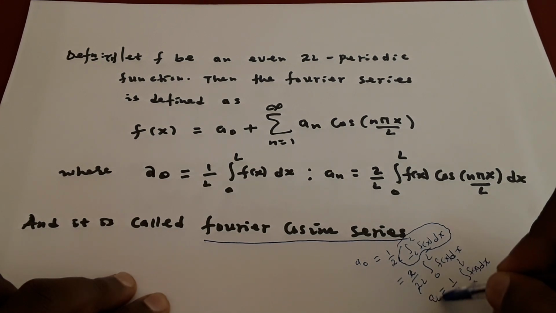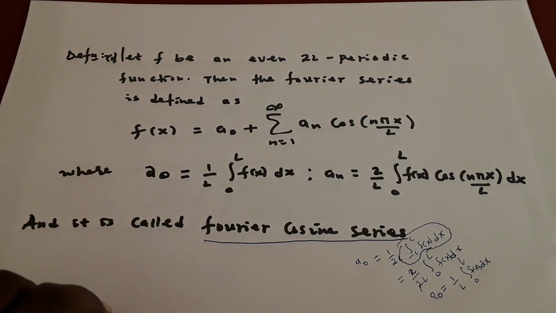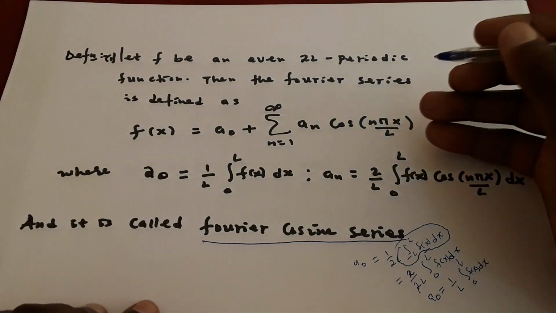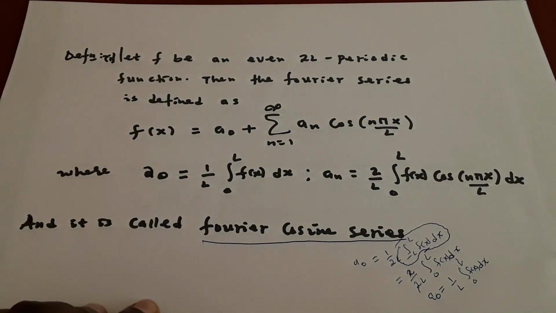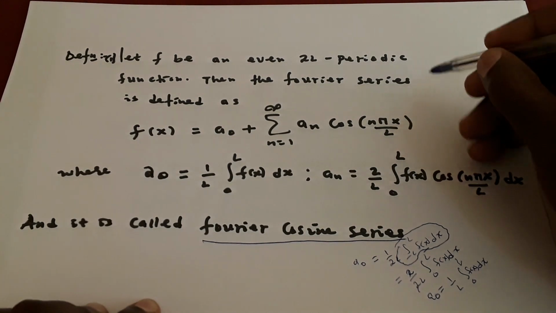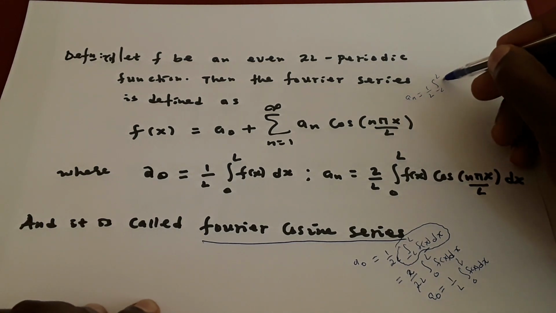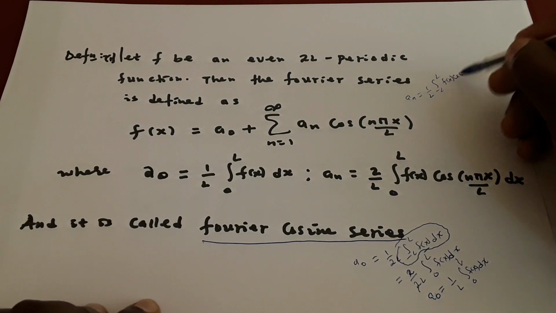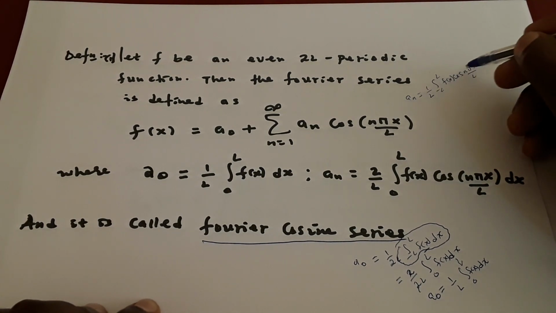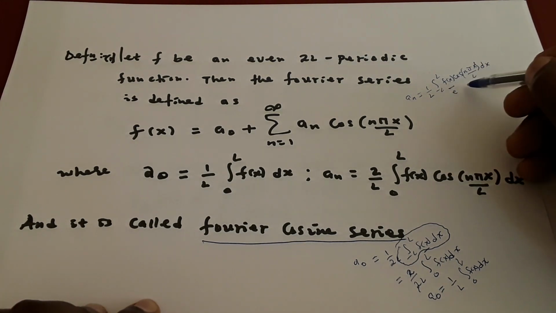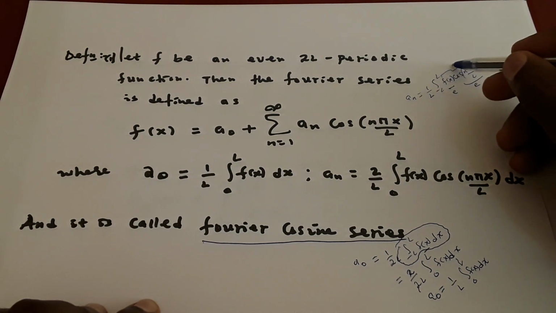That's a naught in the new form when you identify f as an even function. Clearly, if f is even, a n is 1 over L from minus L to L of f of x times cosine of n pi x over L dx. The cosine function is naturally even, and even times even is even, so the entire product is even.